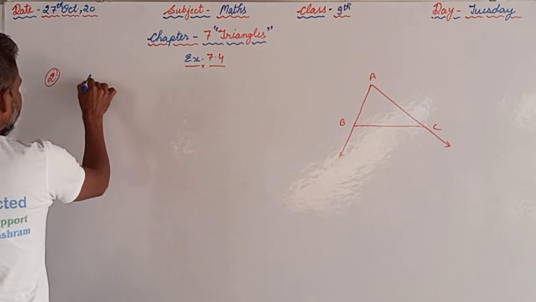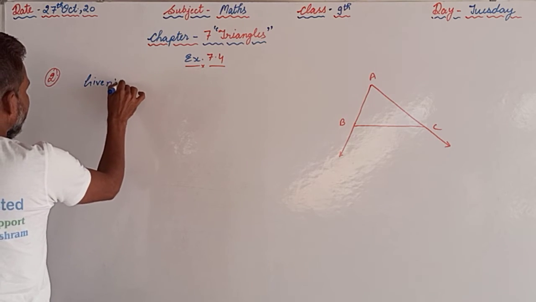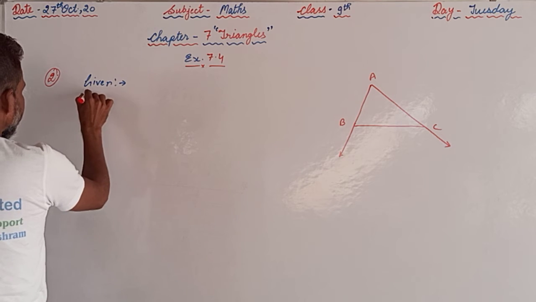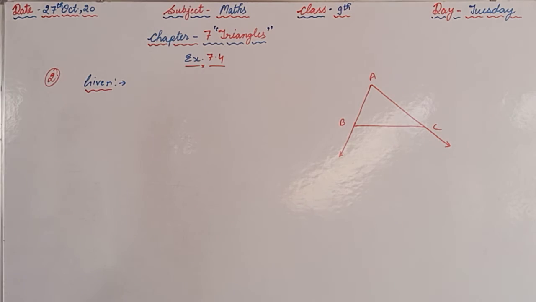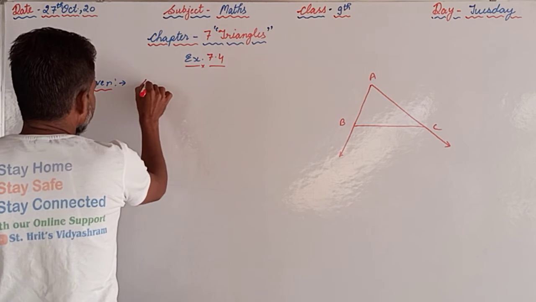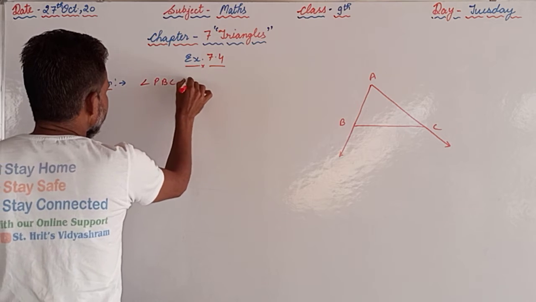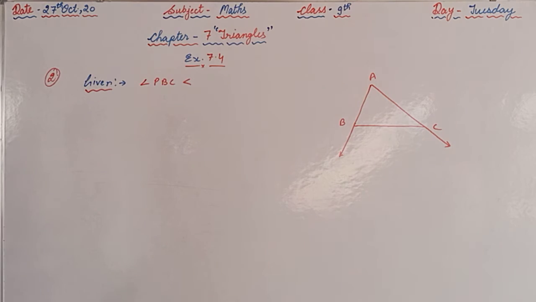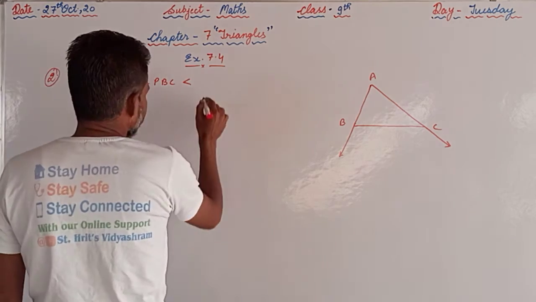So given, what is given there? That angle PBC is less than angle QCB.